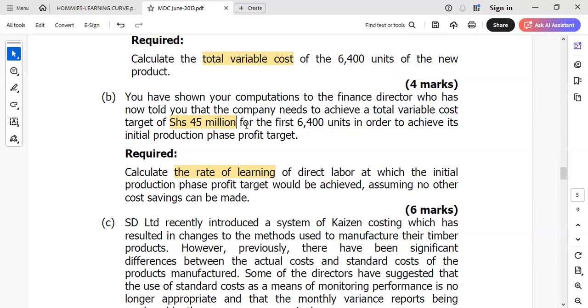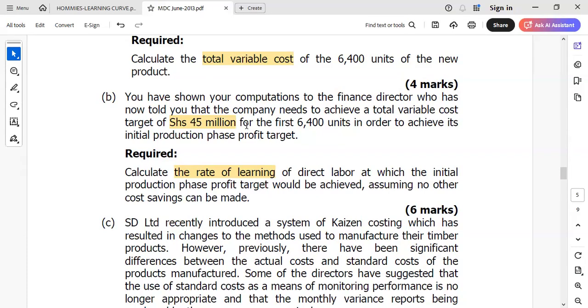So it means that for you to reduce that labor cost, the rate of learning must change. So you need to get that.